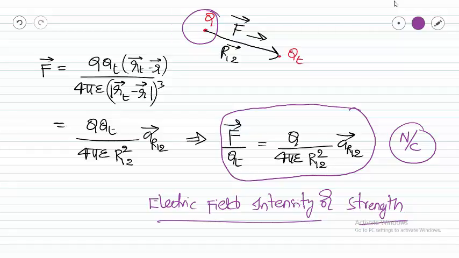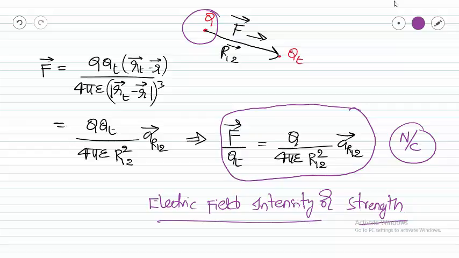As a definition, if you would like to give some definition to electric field, it is simply the force per unit charge anywhere in space, because R12 changes as the position of Qt changes.